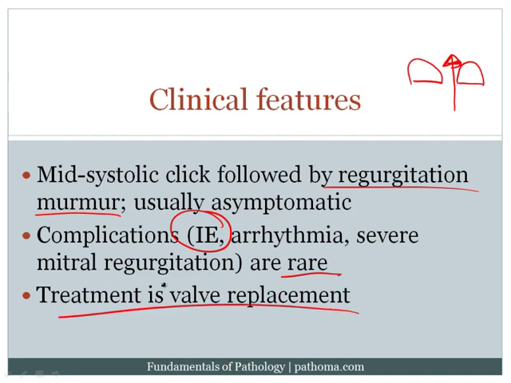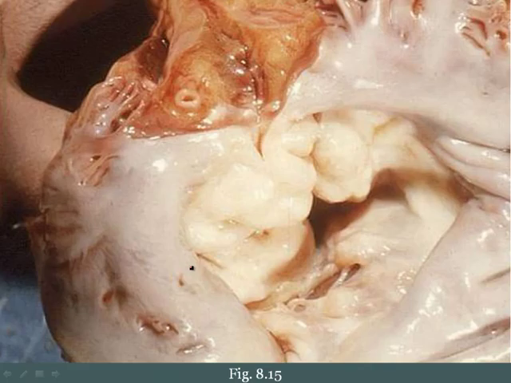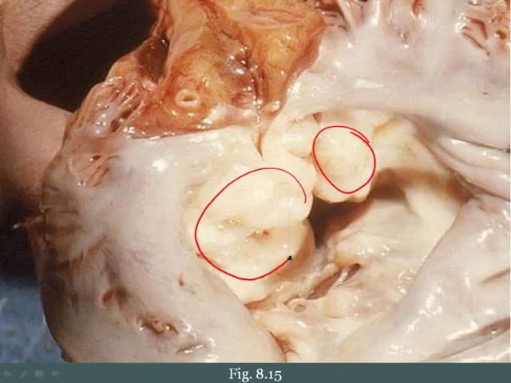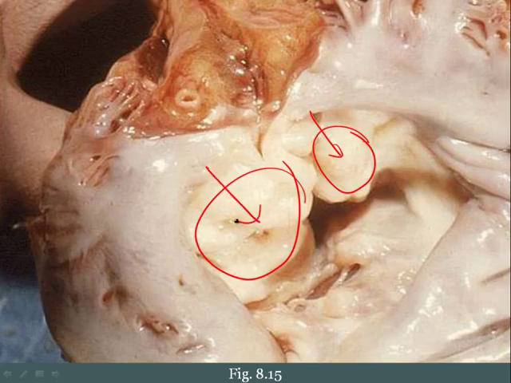The treatment is valve replacement. The final point I'd like to make concerning mitral valve prolapse is this is a picture of mitral valve prolapse, and you can see that this valve has become very loose and floppy, and it's sort of regurgitating back towards you because we're actually sitting in the atrium here looking at the valve as it comes back towards us.